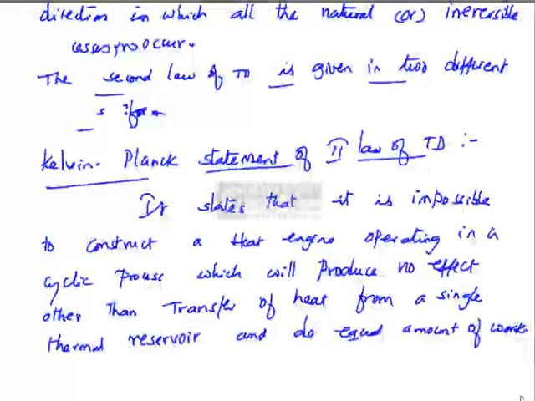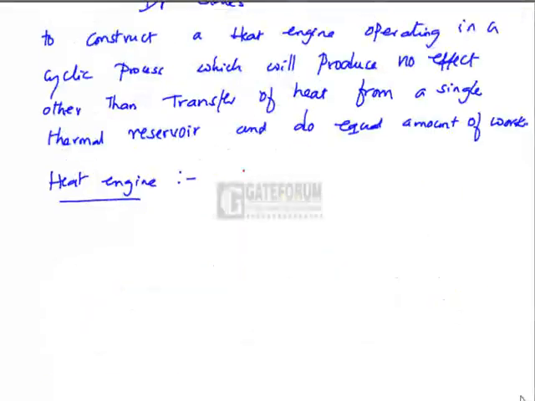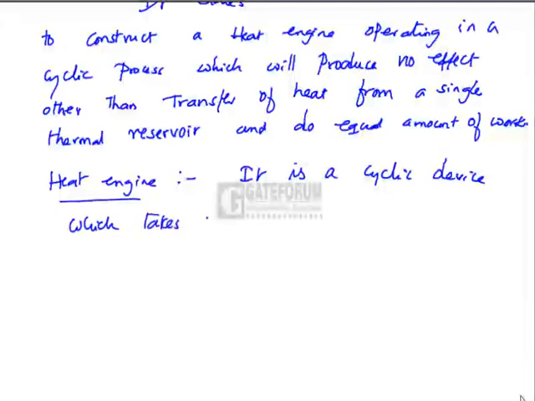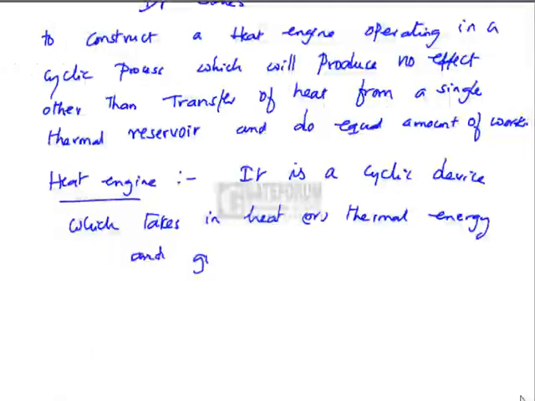First of all, we should know what actually a heat engine means. Let us define heat engine. It is a cyclic device which takes in heat or thermal energy and gives out mechanical shaft work.